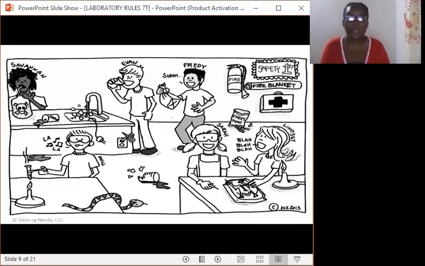If we look at the bottom left, we see students singing away, not paying attention, having the test tube over the naked flame. Maybe grade 7 students would not notice, but just a tip, when you do go into the lab and you are doing experiments and heating chemicals in a test tube, it is always good to remember to sway the test tube to and fro over the flame and not hold it directly over the flame.